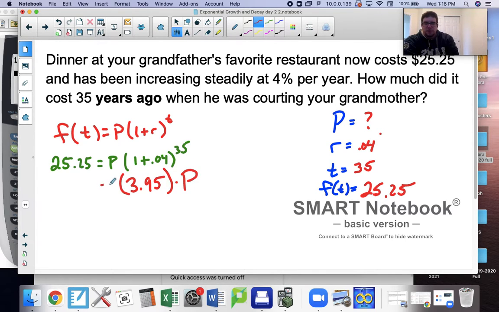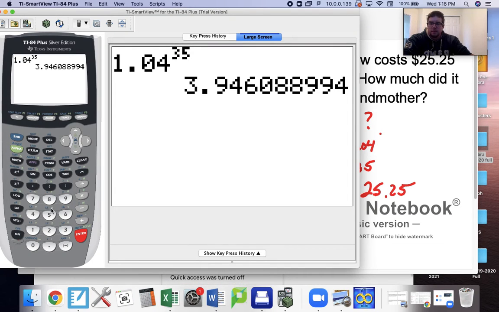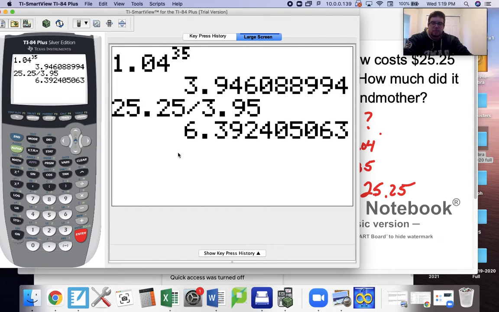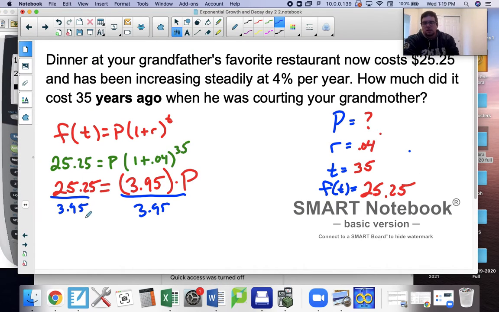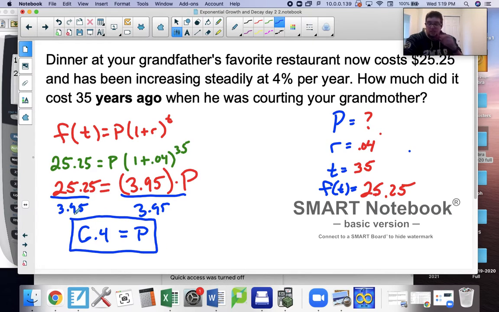That number is multiplying our initial value P. We're going to divide both sides by 3.95. And so 25.25 divided by 3.95 gives us 6.39, so 6.4 equals P.